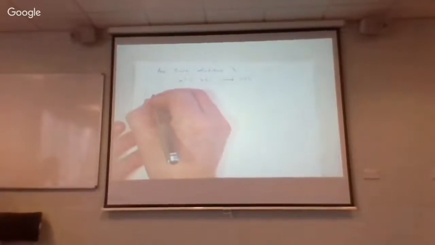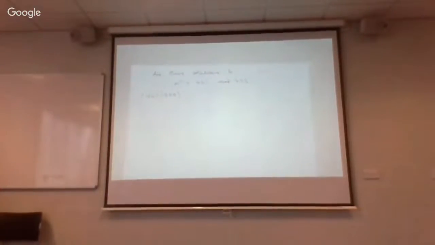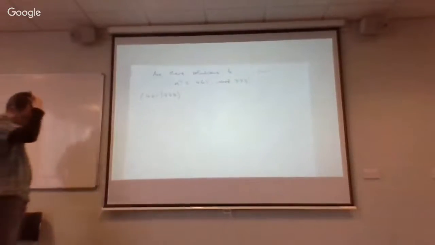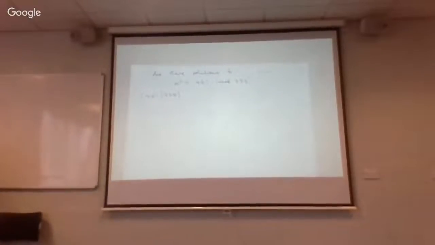So we want to evaluate 461 modulo 773. The first stage would be to factorize 461. I'm a bit unprepared. What's the factorization of 461?